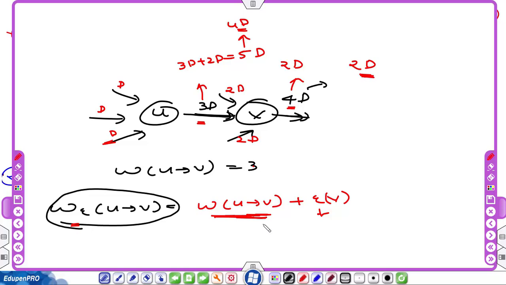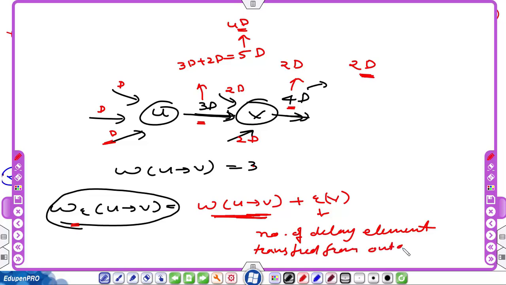This is the number of delay elements transferred from the outgoing edge of V to all the incoming edges.